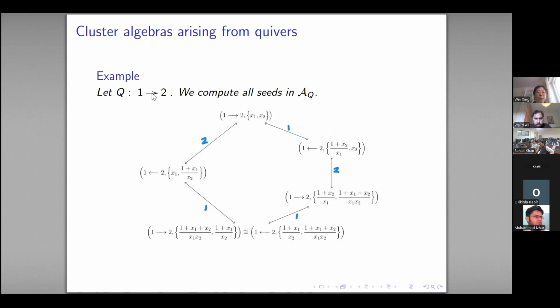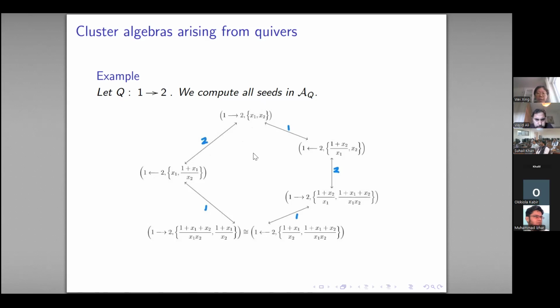So if we have a quiver Q, which consists of two vertices, 1 and 2, and one arrow between them. Our initial seed will be this one: the quiver 1 to 2, and the cluster seed consisting of x1 and x2. If we mutate at vertex 2, after applying quiver mutation, this arrow will be reversed.